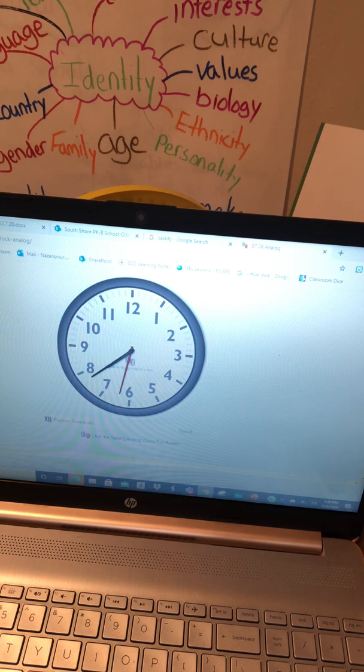Nice job, third graders. 35 seconds, 40 seconds. You got this. 45 seconds, 50 seconds. 5 seconds left. Ready? 5, 4, 3, 2, 1, and you can stop with your jumping jacks.